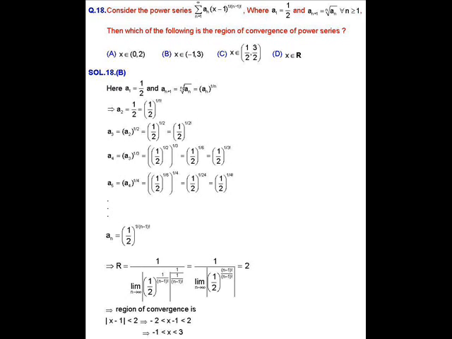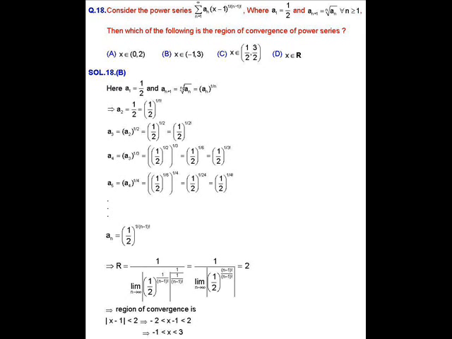And our sequence an is defined as a1 equal to half and a(n+1) is equal to the square root of n times an, that is, an whole raised to 1 by n. So firstly we have to evaluate the sequence an, that is, we have to compute the terms of the sequence.